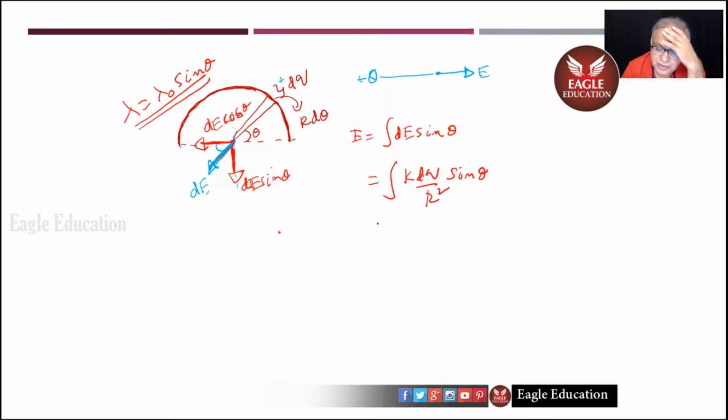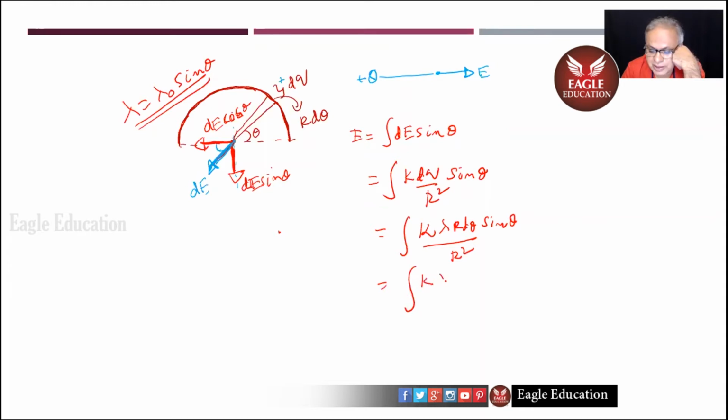Now tell me, what should I do now? k dq. Bharat, come back. Abhinav, tell me, what is dq? Lambda r d theta, sir. Lambda r d theta sine theta by r square. I cannot take lambda out, Abhinav, isn't it?